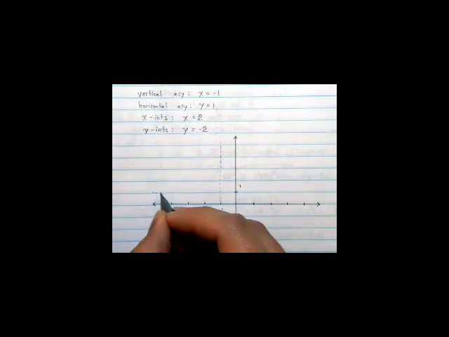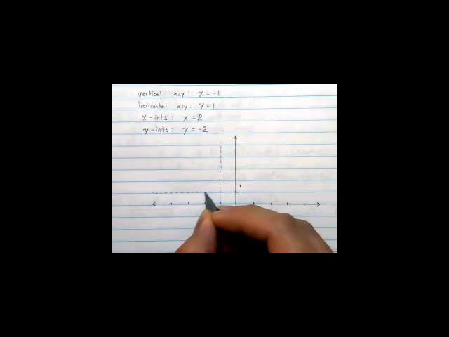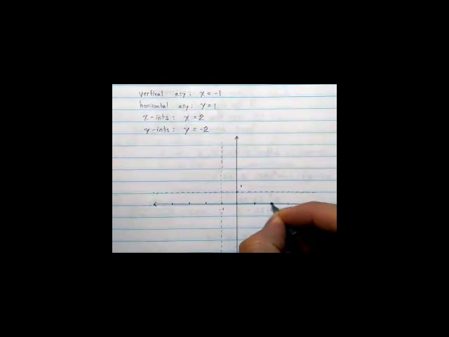And horizontal asymptote at y equals 1, so that'll be there. All right, so you got both of those on there. And then x-intercept is at 2. That's right here. So there's an x-intercept.